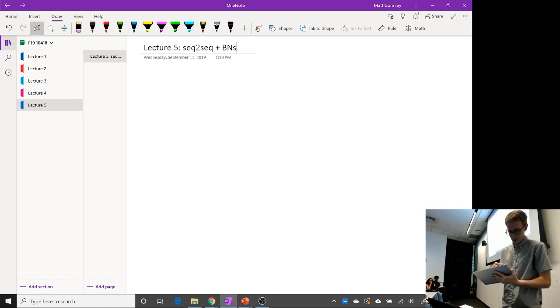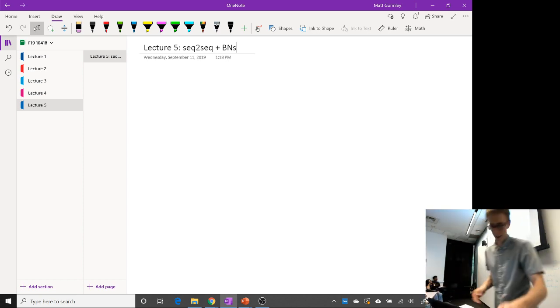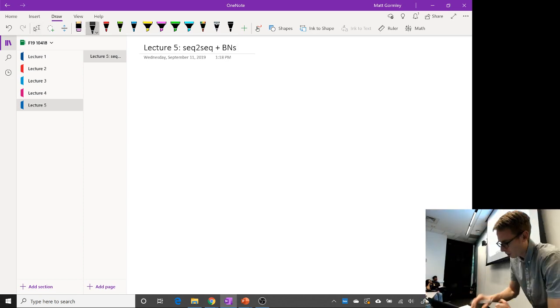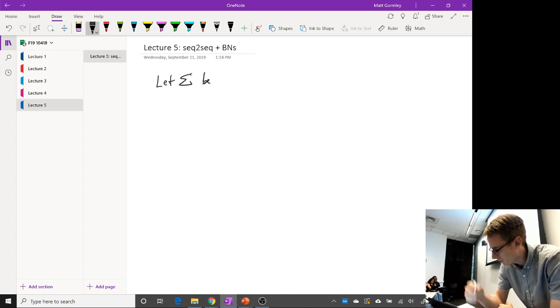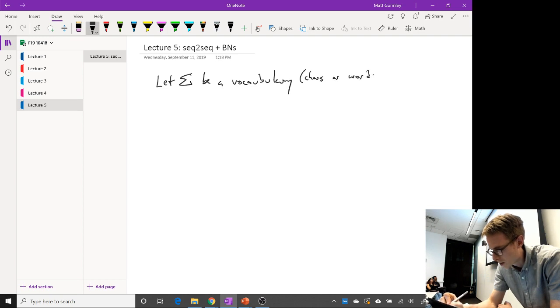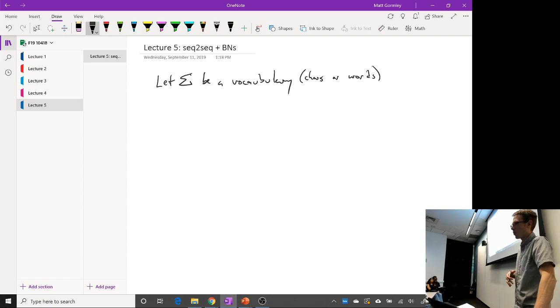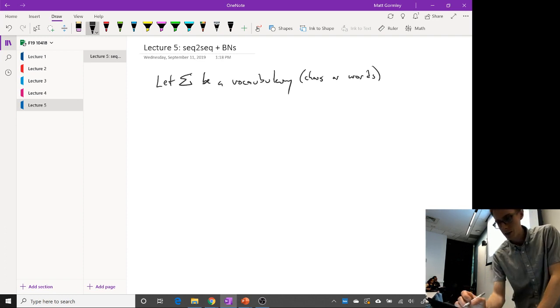Here, sigma star corresponds to a setting where we say let sigma be a vocabulary, say, this could be characters or it could be words. And what we want to work with is sigma star.